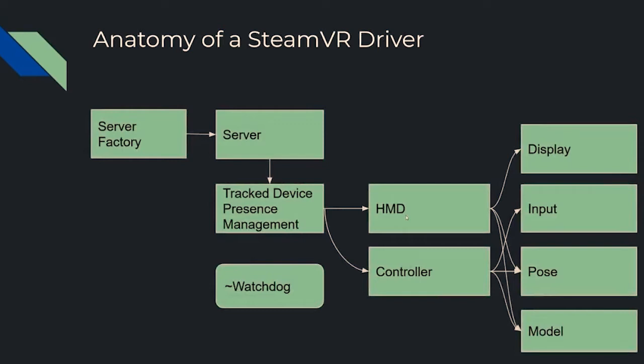SteamVR expects you to register a factory with them, and when they start up, that factory creates a server. The server's job is to manage resources that are required for your driver and notify the runtime that, hey, I found an HMD, I found a controller, and it's ready to start being used in an experience.